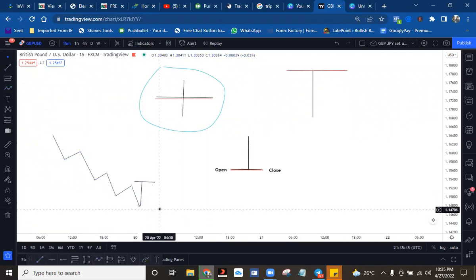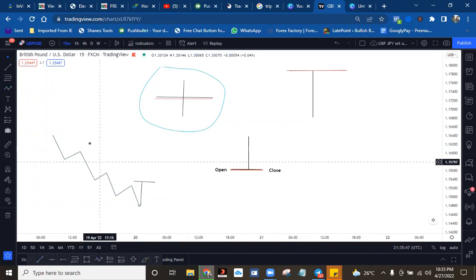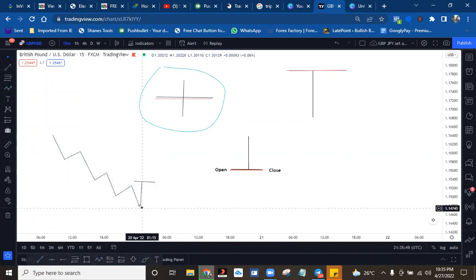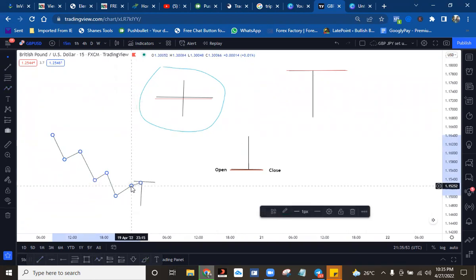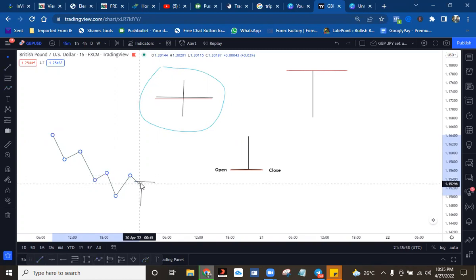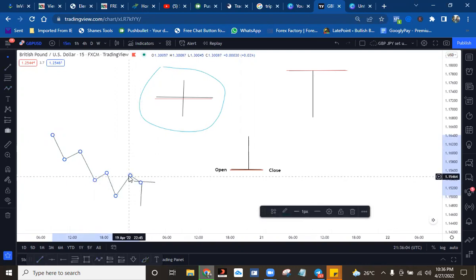Why is that? It's because price was pushing down, right? This is actually how it formed. So price was pushing down, and when price got here, the bears pushed down, and suddenly the bulls rejected it immediately.